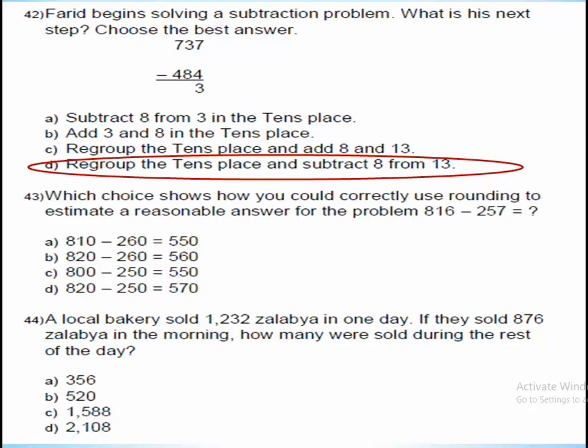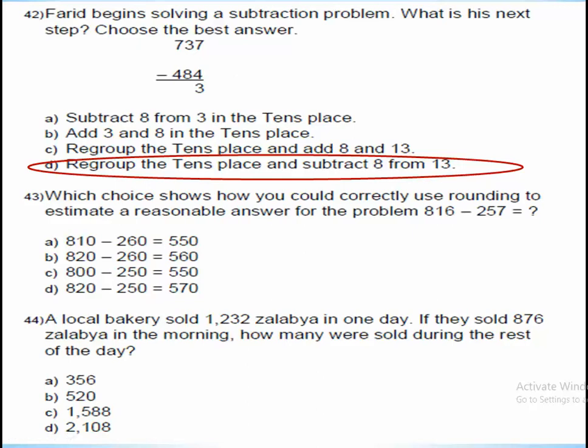Which choice shows how you could correctly use rounding to estimate a reasonable answer for the problem? Okay, rounding maybe to the nearest 10, maybe to the nearest 100. Okay, let's see rounding in the first one. He made 810.